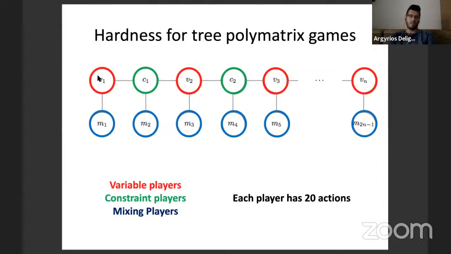So we have created players for the variables, players for the constraints, and players that actually guarantee that all the equalities that we want to satisfy are satisfied. I think Kosha had a question to this.